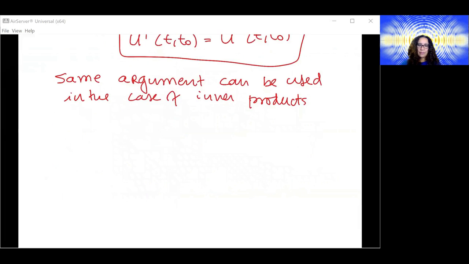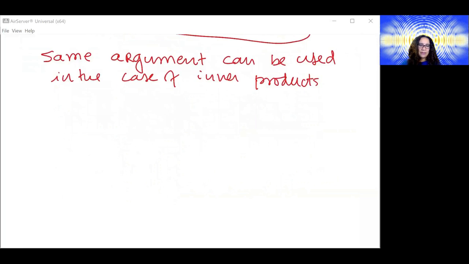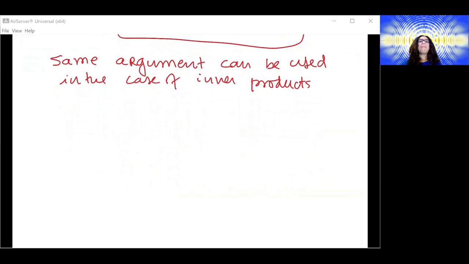Okay, so we are going to have a look at a very specific case, which is when H is time independent.